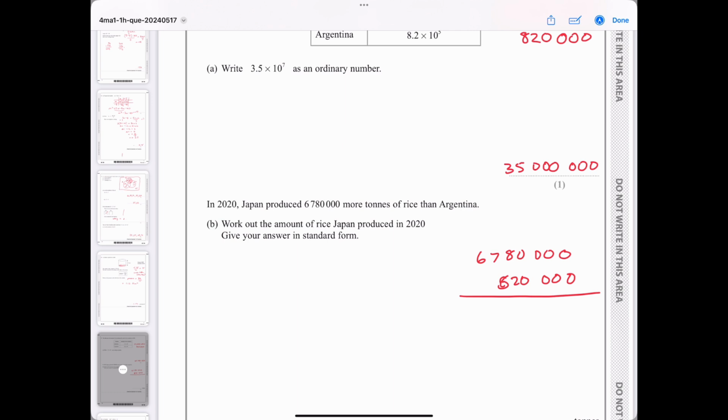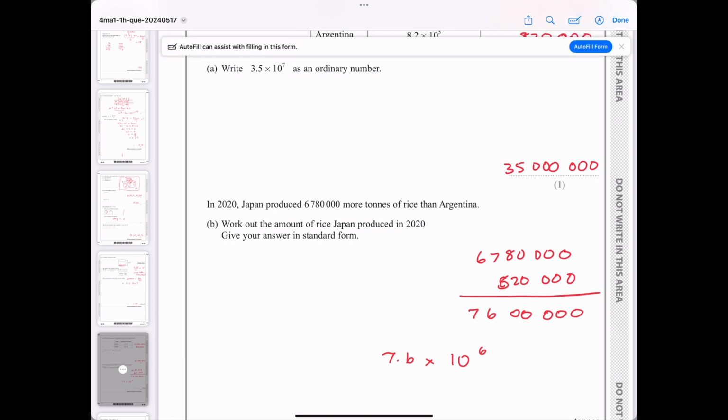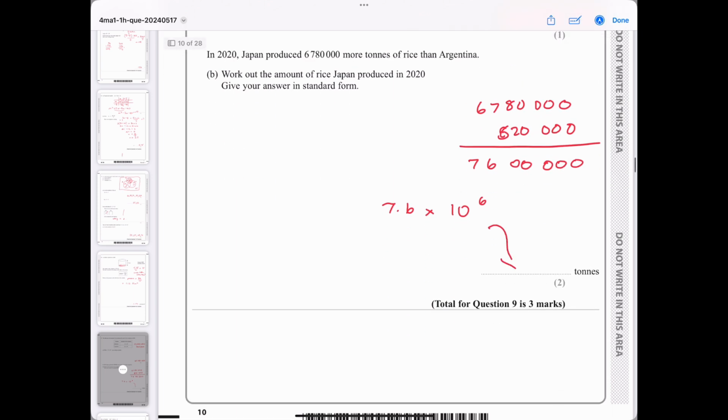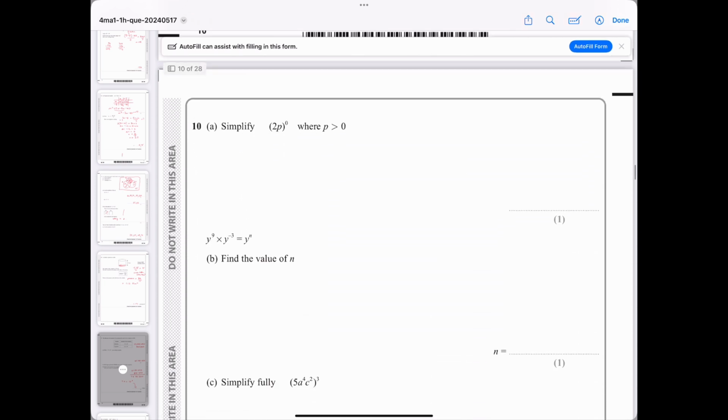That equals 7,600,000. I'm just going to count 1, 2, 3, 4, 5, 6. So that's 7.6 times 10 to the power 6. Look at the numbers behind the first number and you'll find that tonnes. Yeah, see, I said remember the units, and they remembered them for me.